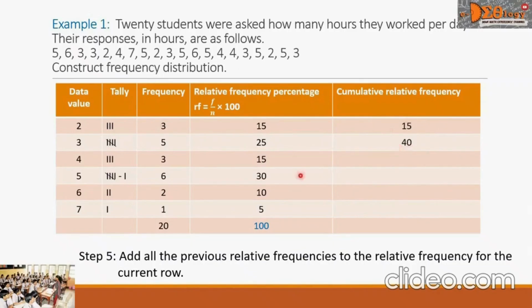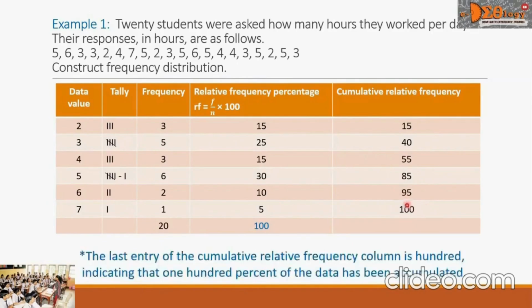Then 40 plus 15 will be 55. 55 plus 30 is 85. 85 plus 10 is 95. And 95 plus 5 is 100. The last entry of the cumulative relative frequency column is 100, indicating that 100% of the data has been accumulated.